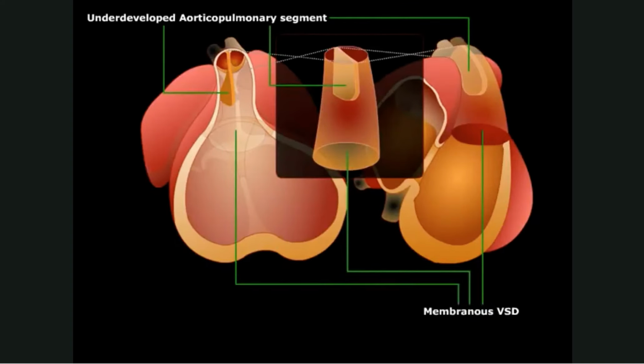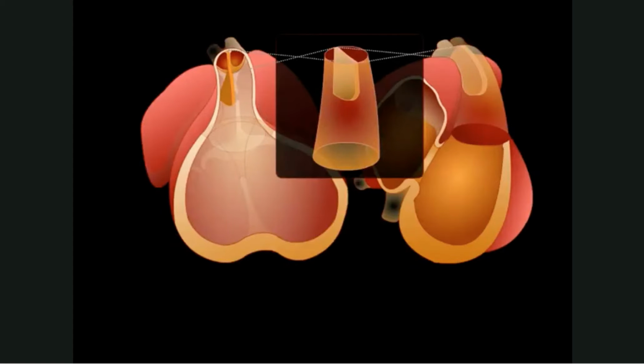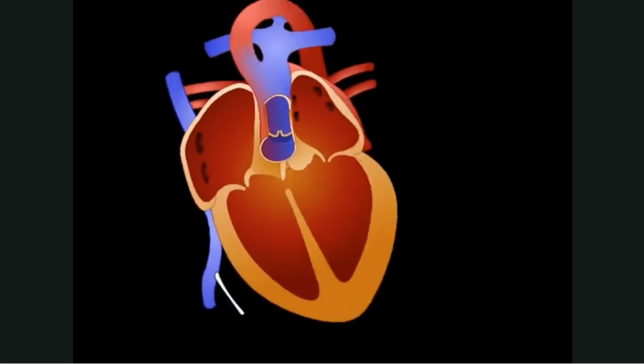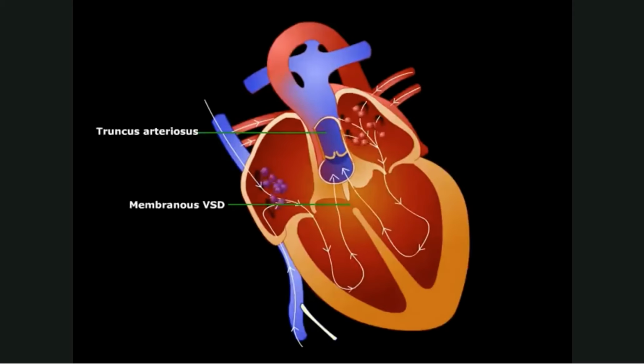Since the aorticopulmonary septum participates in the formation of the membranous portion of the interventricular septum, this defect is associated with a membranous VSD. With persistent truncus arteriosus, the common trunk typically overrides the VSD. Thus, it receives blood from both the left and the right ventricles.